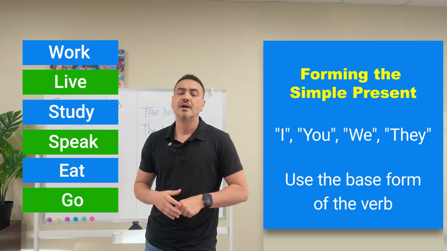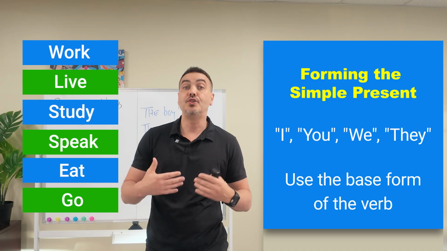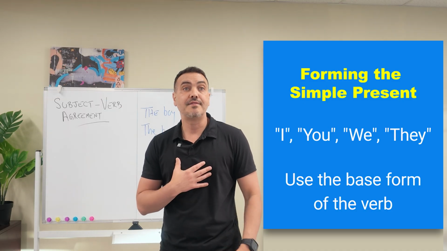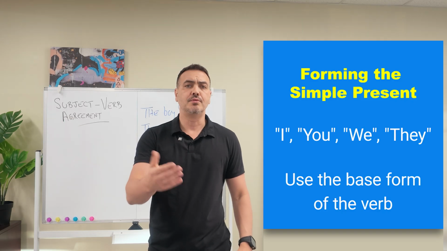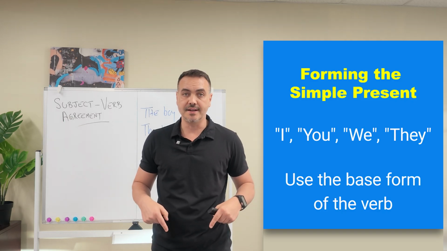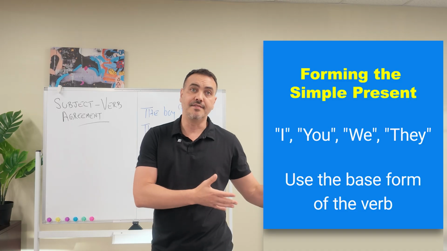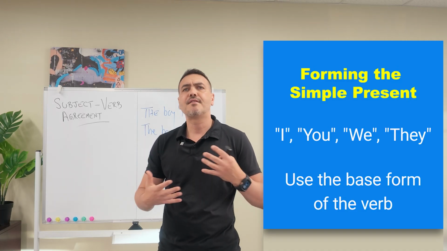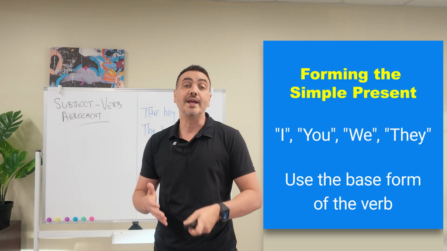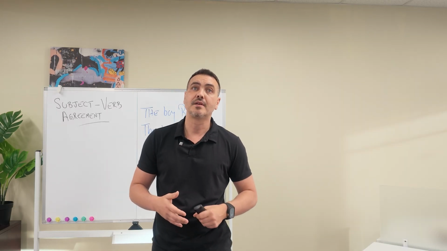Okay? I work, you work, they work. I live in Canada. You live in Canada. We live in Canada. They live in Canada. Notice that the verb does not change after I, you, we, or they.